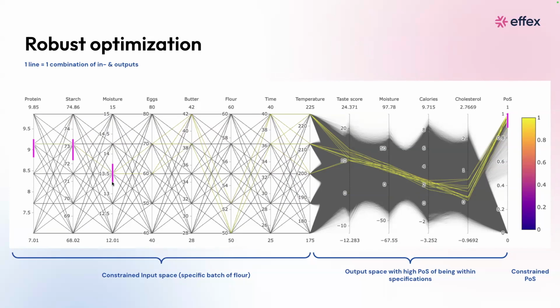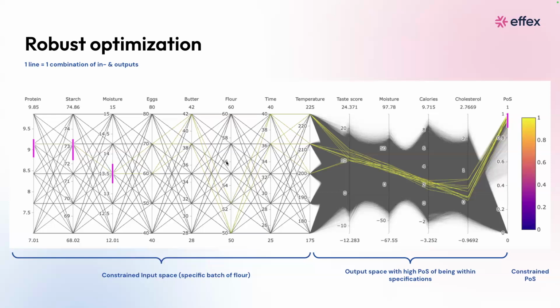And then you see that we also have set a filter for the probability of success to be high. And the graph is telling you which values for the recipe factors and the production parameter factors you have to use to get a muffin within specifications.